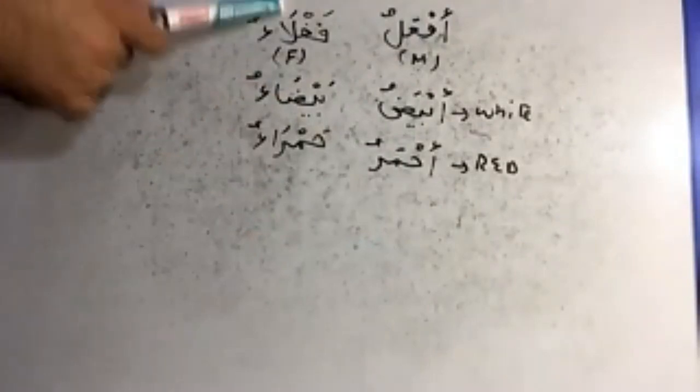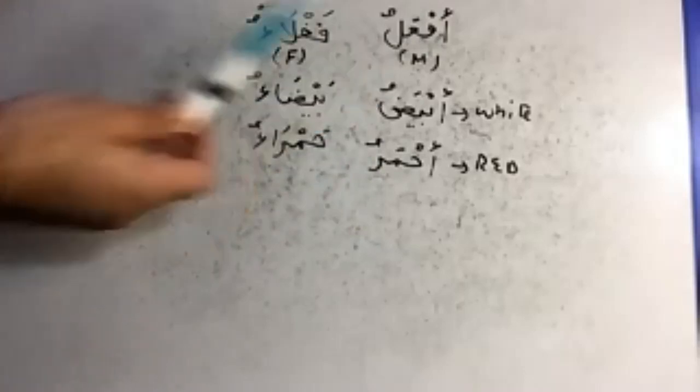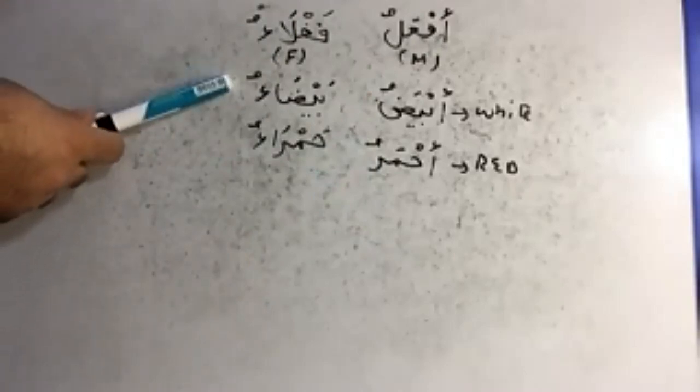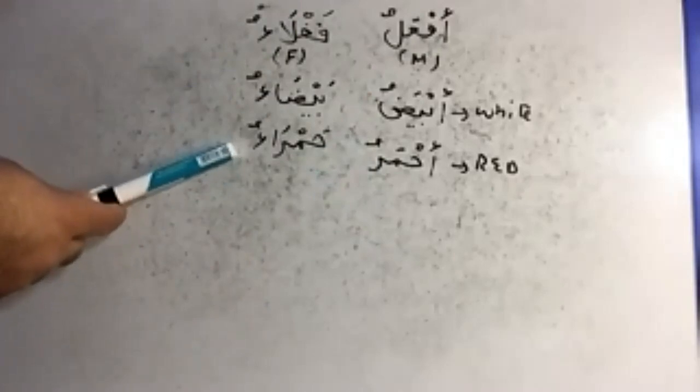If we have a feminine noun, we will use this pattern with its adjective, which is the color. So baitun abyadu, baitun ahmaru, qalamun abyadu. But if I have a car, I'll use as-sayyaratu baydaa'u, as-sayyaratu hamraa'u. That again means red car.